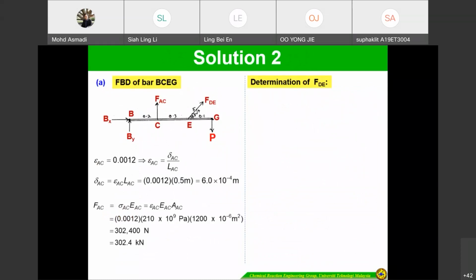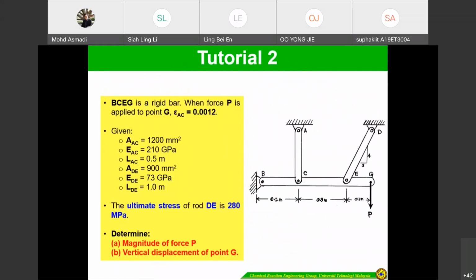Okay, last tutorial and then we stop. Our target for today is just to discuss the tutorials. If you look here, I think this is quite tricky. Sometimes you have to determine the allowable diameter required, so that your compound shaft does not fail.